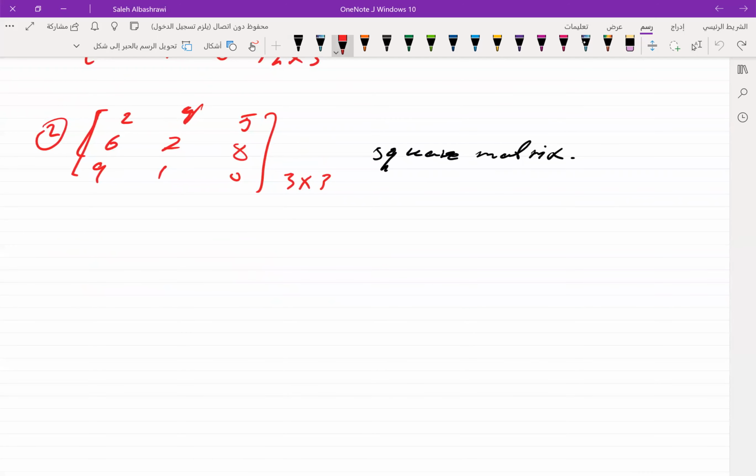Let's speak about the equality of matrices.